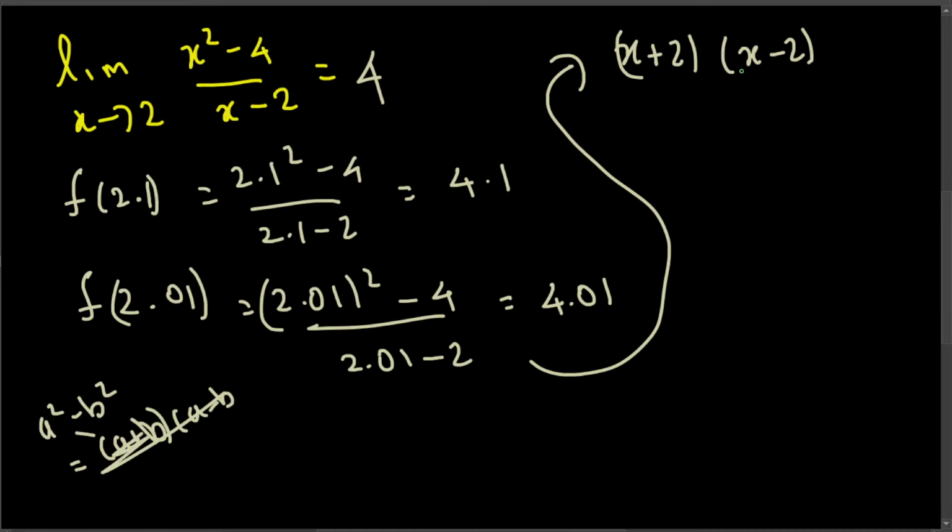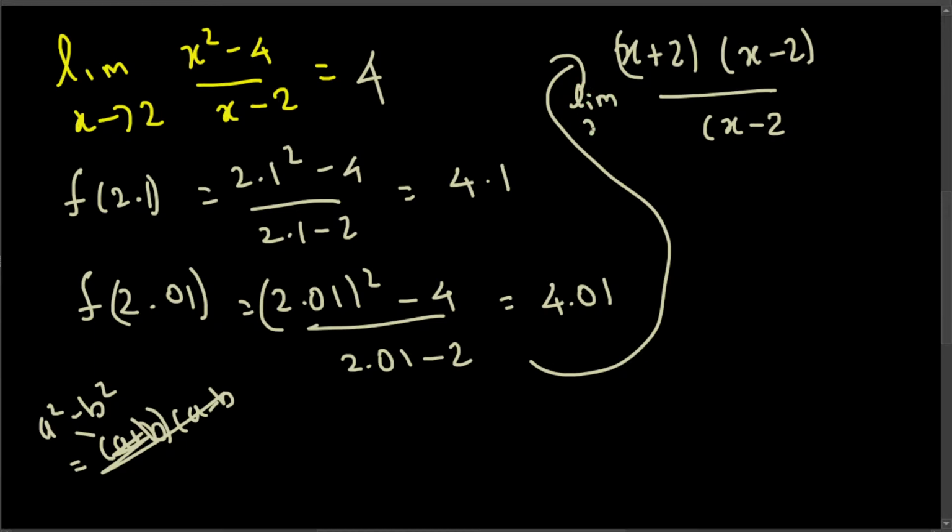Okay, so this is x plus 2 times x minus 2, divided by x minus 2. Until we substitute 2 in the equation, we have to keep on writing limit as x approaches 2.